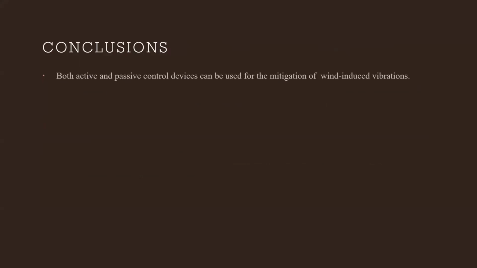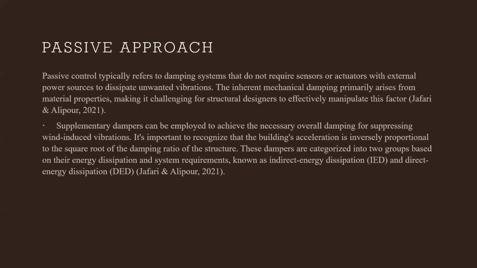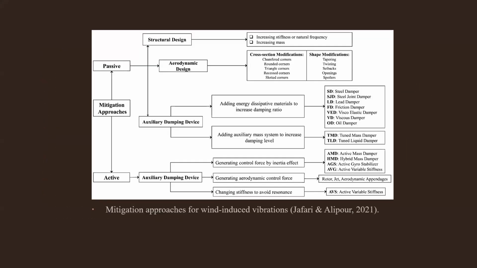So in conclusion, there are two types of approaches to reduce the wind-induced vibrations of tall buildings. We have an active approach, and as you can see again, we have several types. They provide control force by inertia effect, they generate aerodynamic control force, and they change the stiffness to avoid resonance.